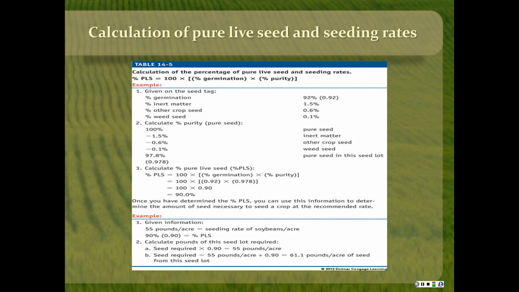For example, if you're told to seed 55 pounds per acre for soybeans, the 90% would be the pure live seed, and you would take 55 pounds divided by 0.9, which is 90%, and that would give you approximately 61. What that means is that in order to get 55 pounds per acre, you would have to seed 61.1 pounds per acre to make up for the inert matter and the amount of seed that won't germinate.